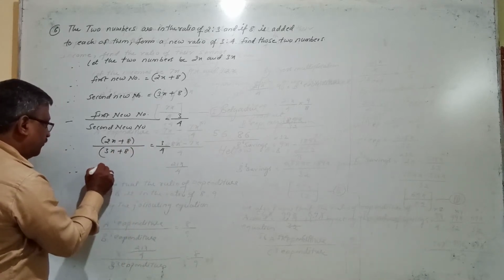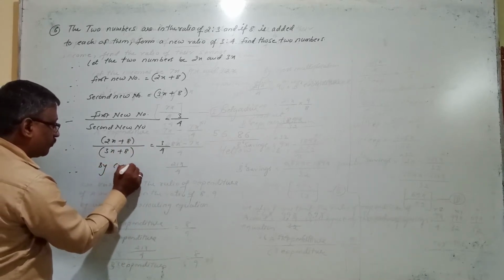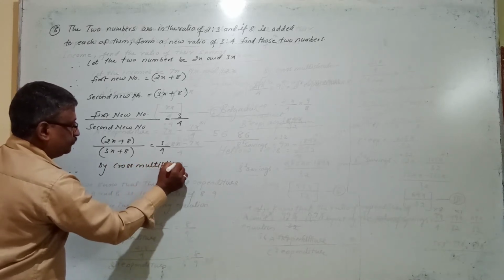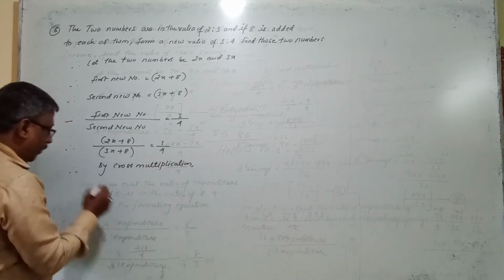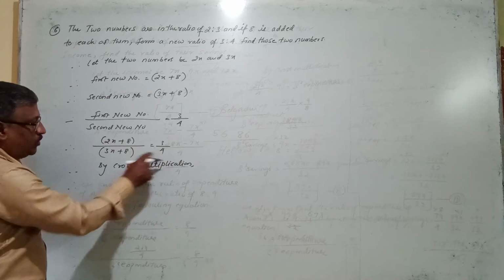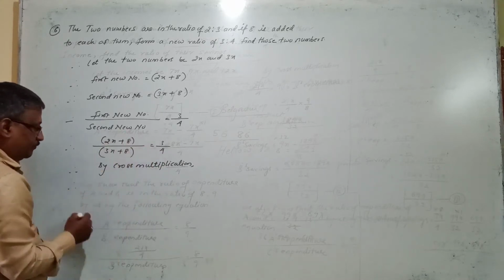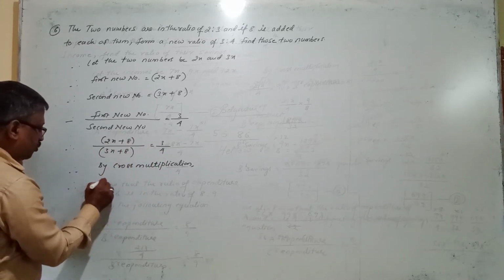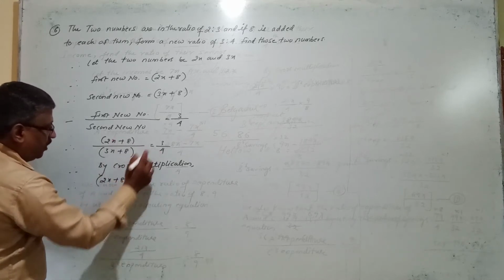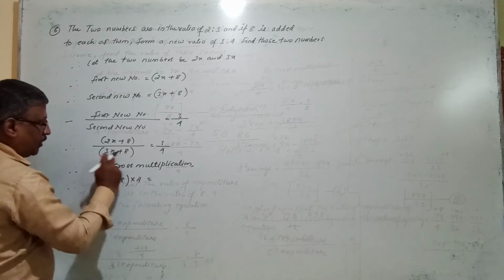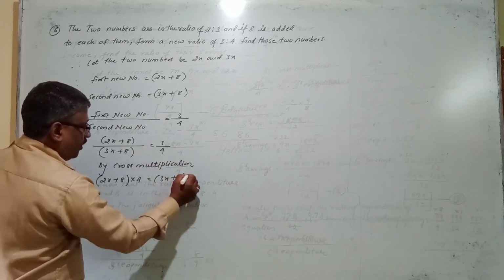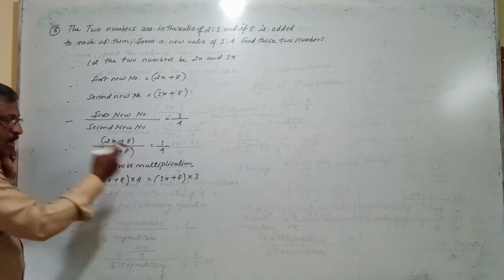Now solve this equation by cross multiplication. Multiply 2x plus 8 by 4, and 3x plus 8 by 3. So 2x plus 8, multiplied by 4, equals 3x plus 8 multiplied by 3.